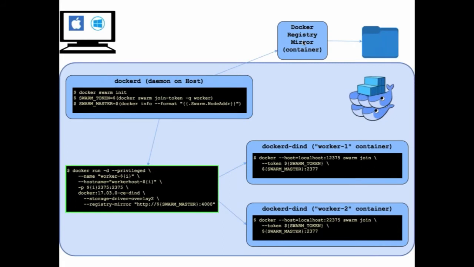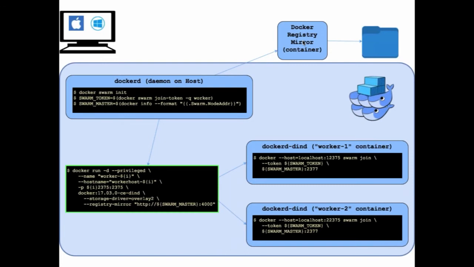In our demo, I'm going to show how you can create a Docker Swarm cluster on a single machine with native Docker. If it's Linux, it's native Docker. If it's Windows or Macintosh, it's Docker for Mac, Docker for Windows. And I will use my current Docker as a master.